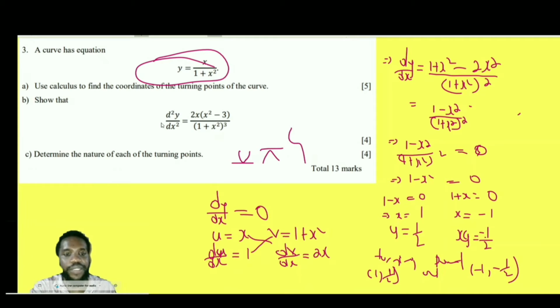Now part B says show that the second derivative is equal to this. So that's where we're going to take it next. So let me just take off all of this right here.